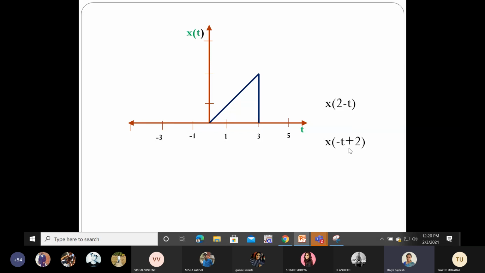So rewrite it as x of minus t plus 2. From this we found out that it contains two operations. One is advancing of the signal by an interval of 2, then reflection of the signal also. So first advance it by an interval of 2, then do the reflection of the signal.